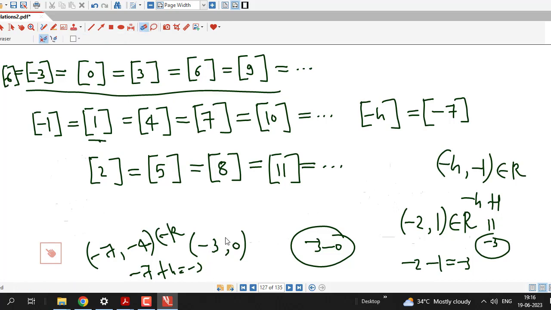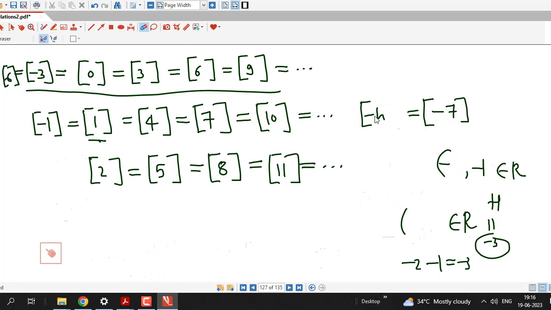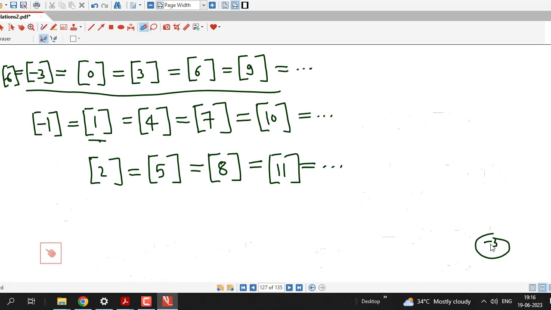So now you may have the idea that we will have only three distinct equivalence classes, and the equivalence classes generated by the remaining integers will be equal to the equivalence classes generated by those three integers. So we can find the equivalence classes generated by 0, 1, 2 or 3, 4, 5 or 6, 7, 8, and we can write that all the equivalence classes are equal to the equivalence classes generated by 0, 1 or 2.